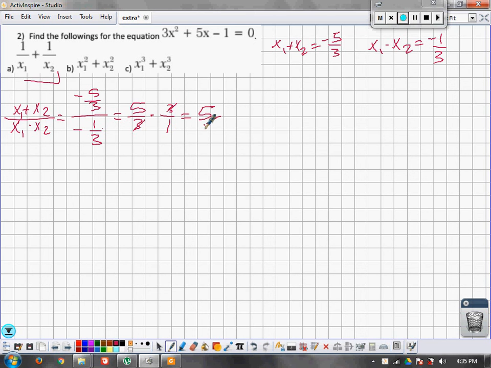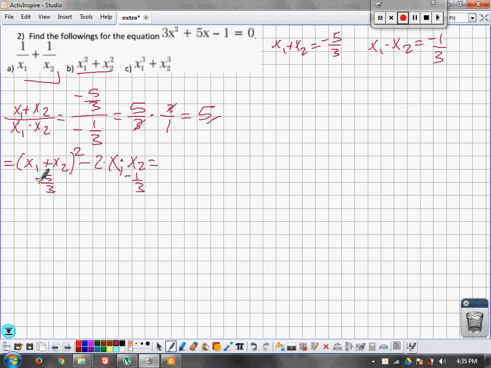For the second one, for the squares, remember that it was equal to x1 plus x2 power 2 minus 2 times x1 times x2. Let's do that. So this was minus 5 over 3, this was minus 1 over 3. I'm trying to be faster, but in exam you must write longer.